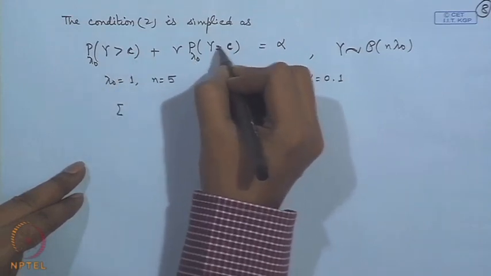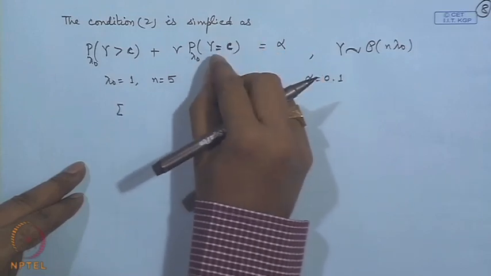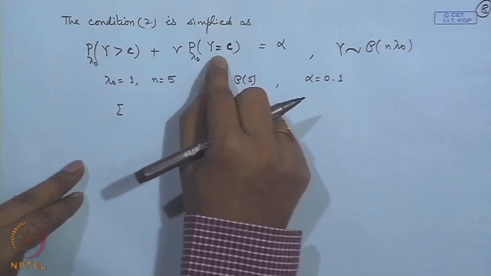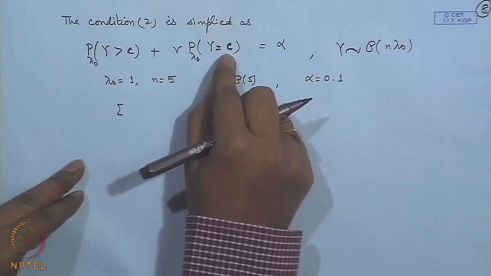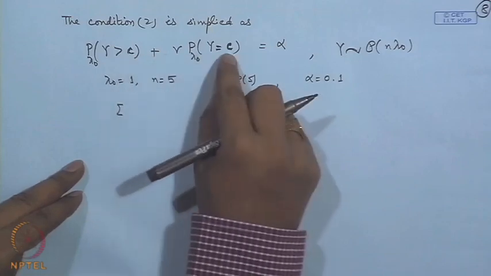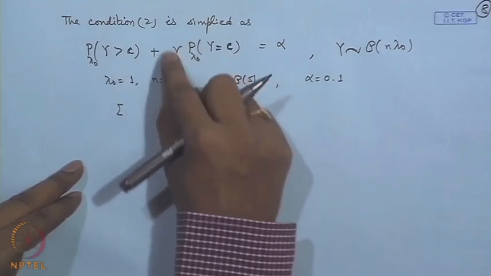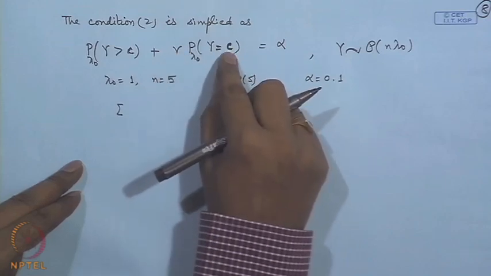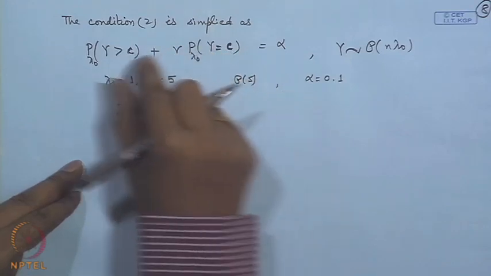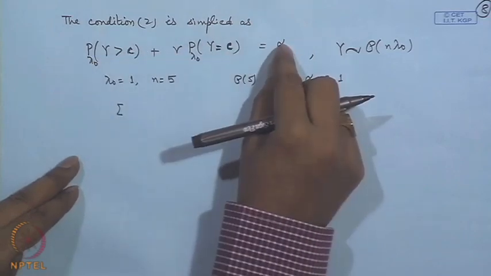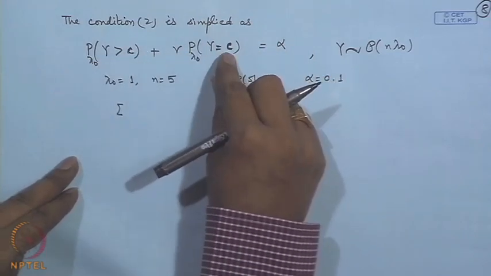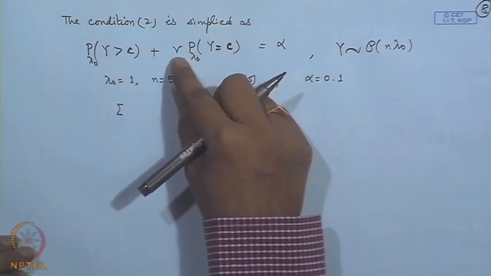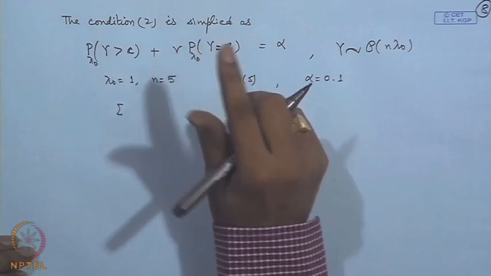If it is an integer, then this value may be positive; if it is not an integer, then this may become 0. Now, you may see from the tables whether this randomization with probability γ is required or not. If it is not required, then this probability can be taken to be 0. There will be a point after which you will have the probability α. In case that is not possible, then we suitably choose a value where we allot a probability, and we may give some value of γ also.